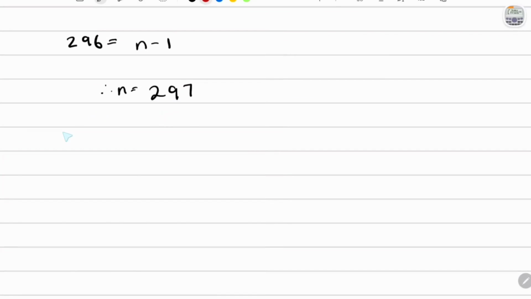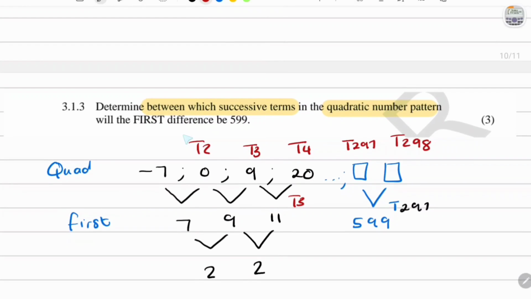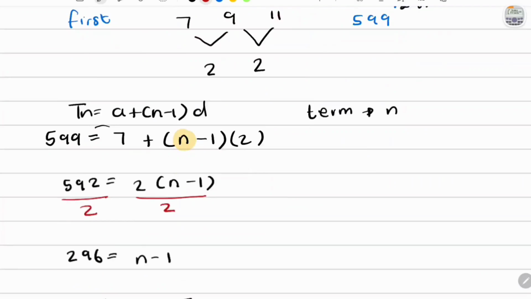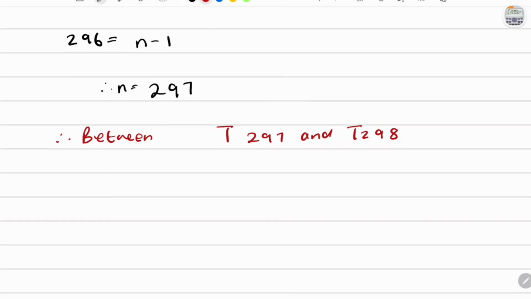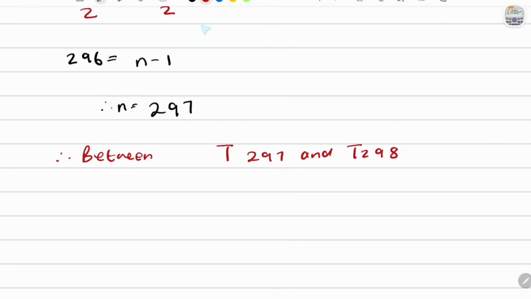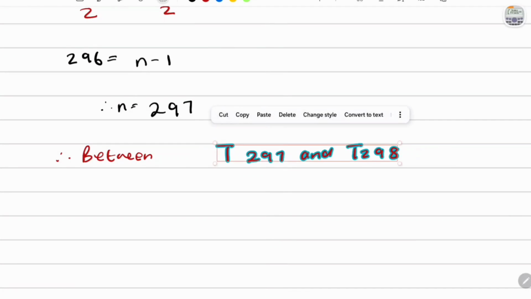So we can conclude, therefore, you can actually just say it the way they asked, between which two successive terms. You can say it's going to be between T297 and T298. That's what your answer is going to be. Okay, and that is it for that question.